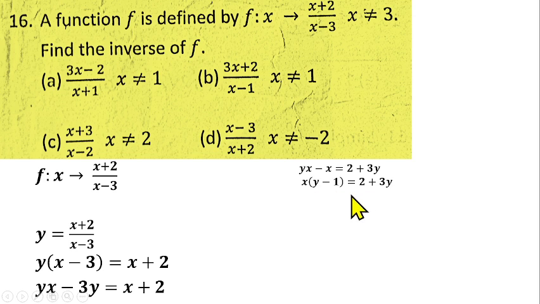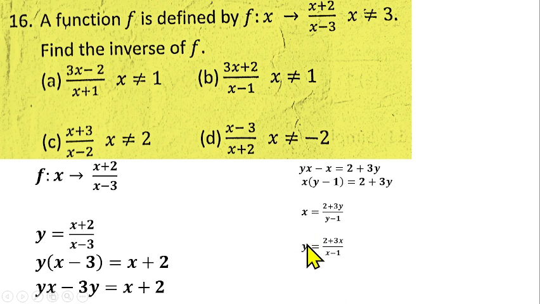Then divide both sides by y minus 1, so x equals 2 plus 3y over y minus 1. Then in this case, all you need to do is to swap the variables, so x will become y, then wherever you see y here, you become x. So that means you'll be having y equals 2 plus 3x over x minus 1.